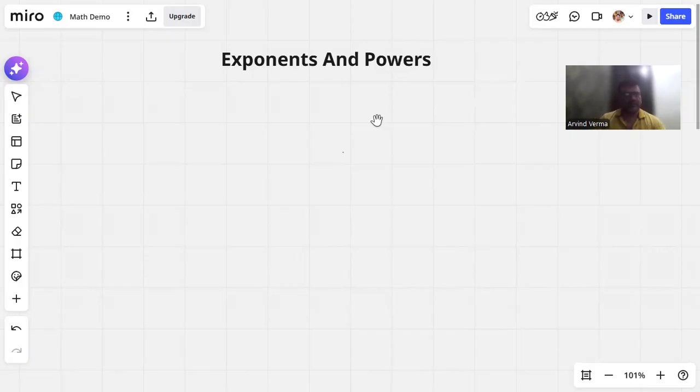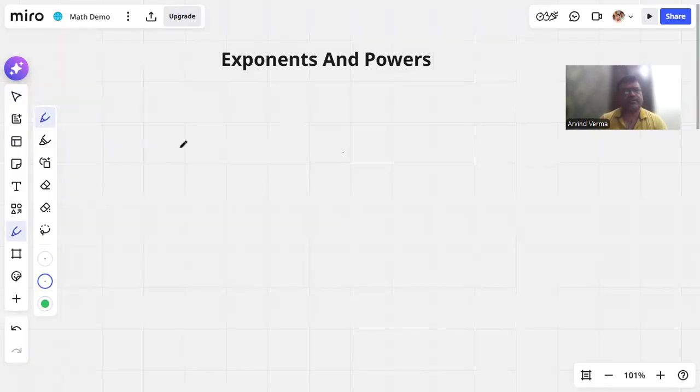Okay, the topic is exponent and power. The very first thing is what is exponent and what is power. Can you tell me, have you heard anything about power or exponent?